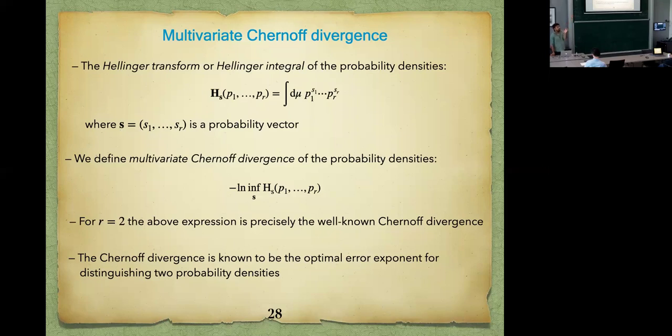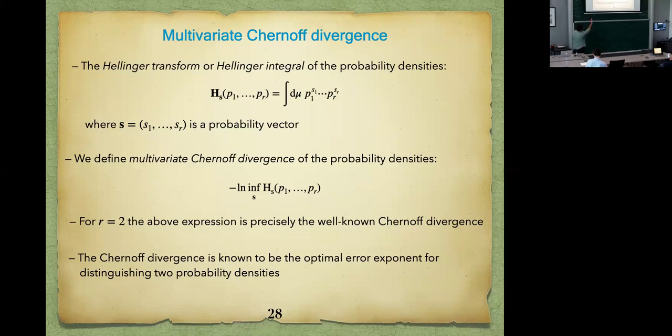Take an R-tuple of non-negative numbers adding to 1, and you associate with that probability vector that integral. It's a real valued function. That's a well-known quantity that has been used for decades.